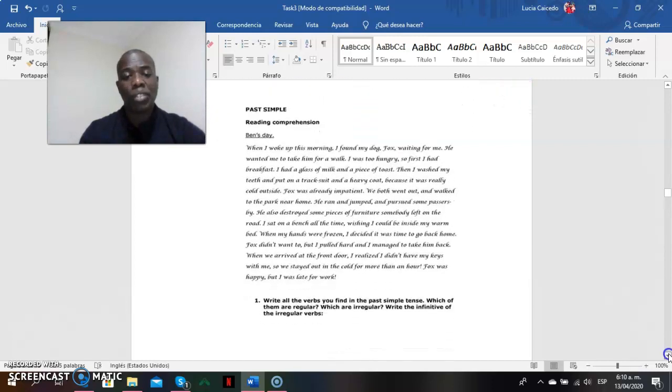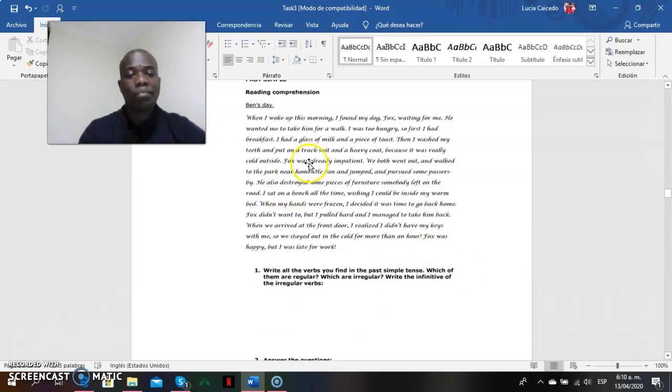I want my students to know about this topic, how to speak in past simple. Number one, write all the words you find in the past simple tense, which of them are regular and which are irregular.